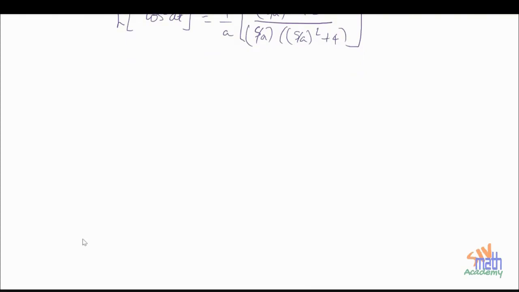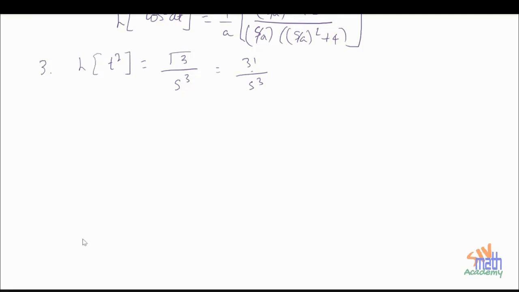Then, last, to find out the third problem, L of t square is equal to what? According to the formula, gamma n plus 1, that is 3, upon s power 3. That is going to 3 factorial upon s cube. That's all, formula substitution only.